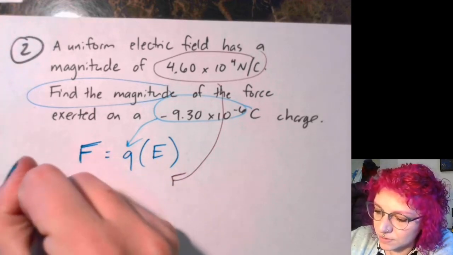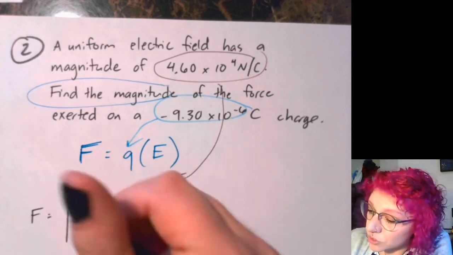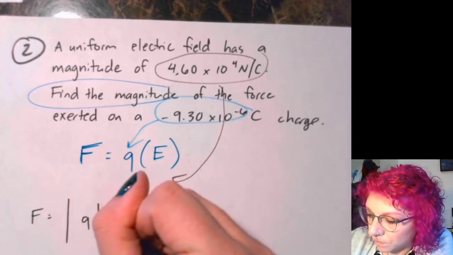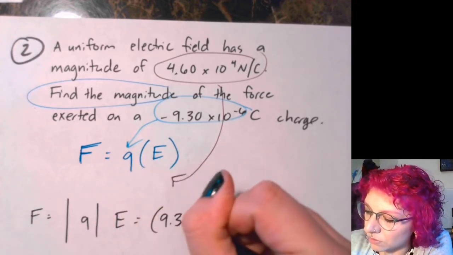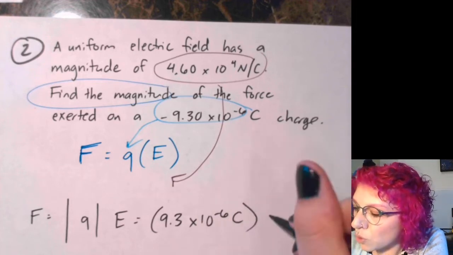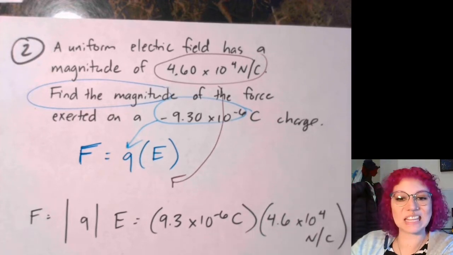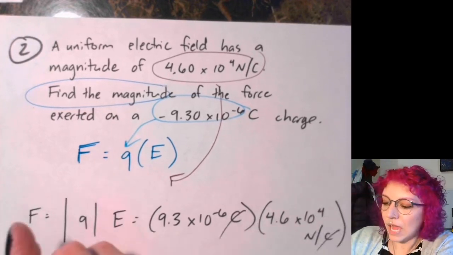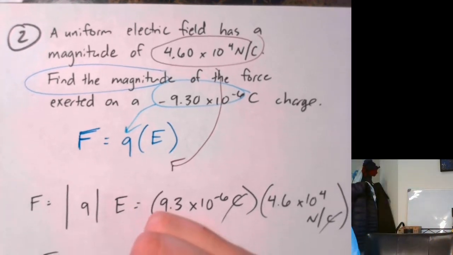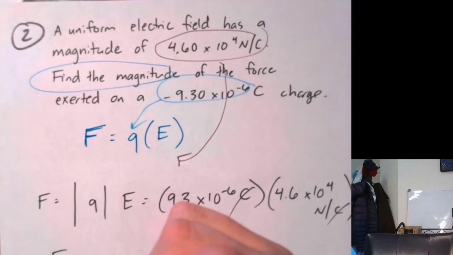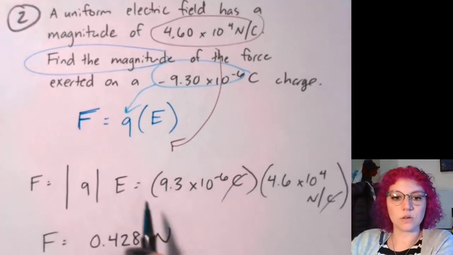So I have the force is equal to the absolute value of the charge times the field. So that's 9.3 times 10 to the minus 6 coulombs times 4.6 times 10 to the fourth newtons per coulomb. You see that the coulombs cancel, and we are left with a force of approximately 0.428 newtons.